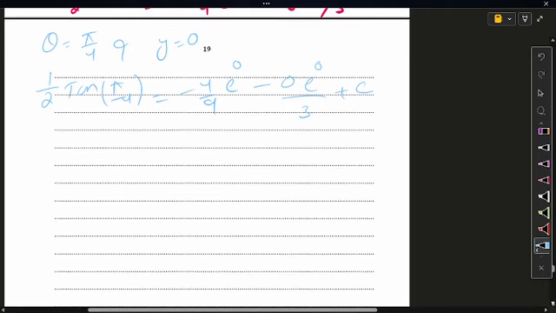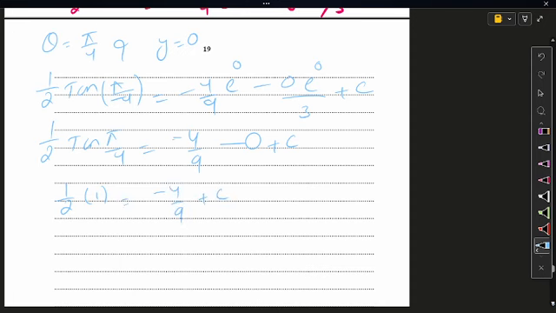And after doing the simplification I have 1 by 2 tangent of pi by 4, which is equal to minus 4 by 9, e raised to the power 0 is 1, minus 0 plus some constant of integration, that is c. Tangent pi by 4 is 1, you can calculate on your calculator. So it becomes 1 by 2 times 1, tangent of pi by 4 is 1, which is equal to minus 4 by 9 plus c.